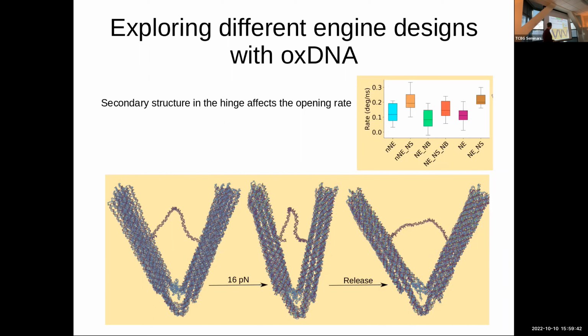And we see that the rate is different whether the hairpins are present or absent in this hinge. So the conclusion we could give them was that all the effects you see due to the nicks in the bridge are just due to the polymerase effects. And if you want the rate to be faster, you should re-optimize the secondary structure so that it's as single-stranded as possible and doesn't form any secondary structure in the loop.